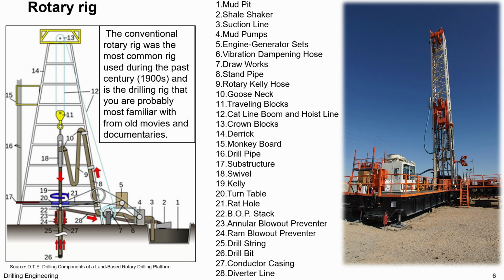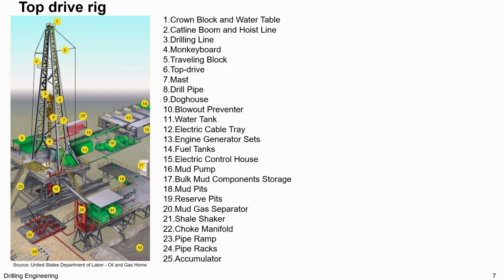In a rotary rig, the drill string is rotated to turn the bit and cut the formation. This slide is important because many of the major rig systems introduced here remain fundamental in modern drilling, even if specific equipment has evolved.